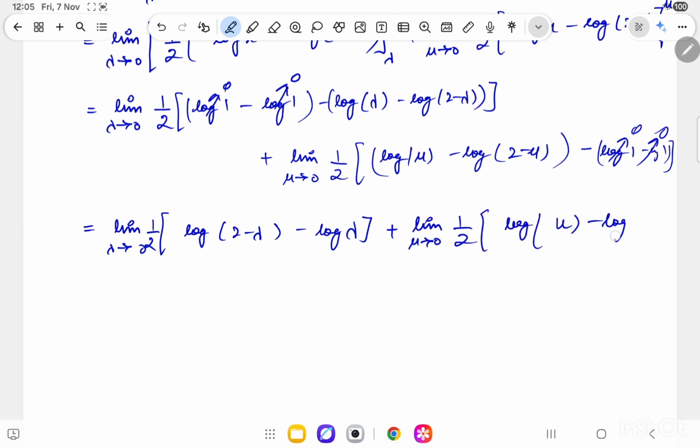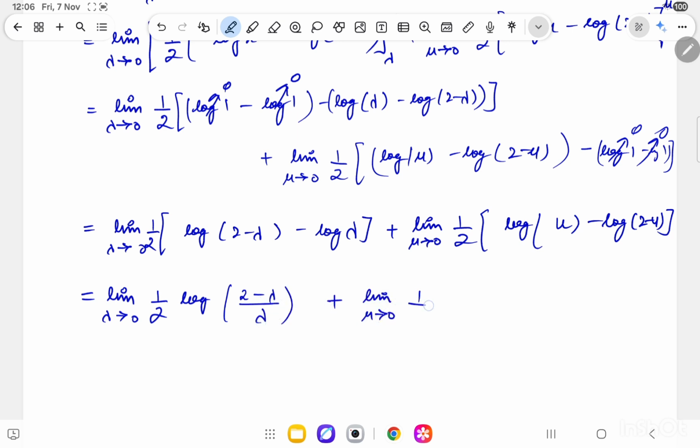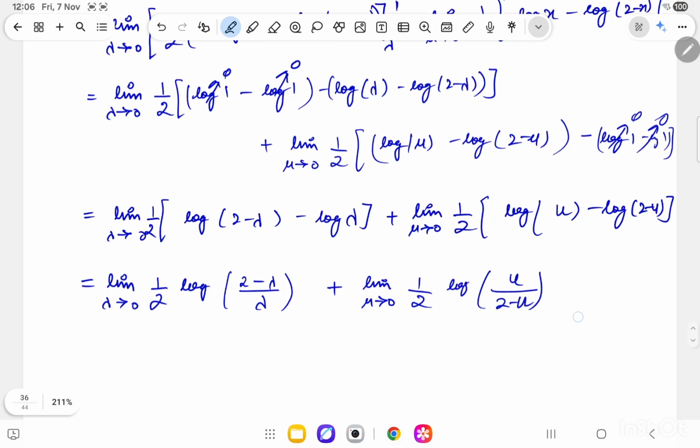log 2 minus mu, and this simplifies to the limit as lambda approaches 0 of 1 by 2 log 2 minus lambda by lambda, plus the limit as mu approaches 0, 1 by 2 log mu divided by 2 minus mu, and that is equal to 1 by 2.